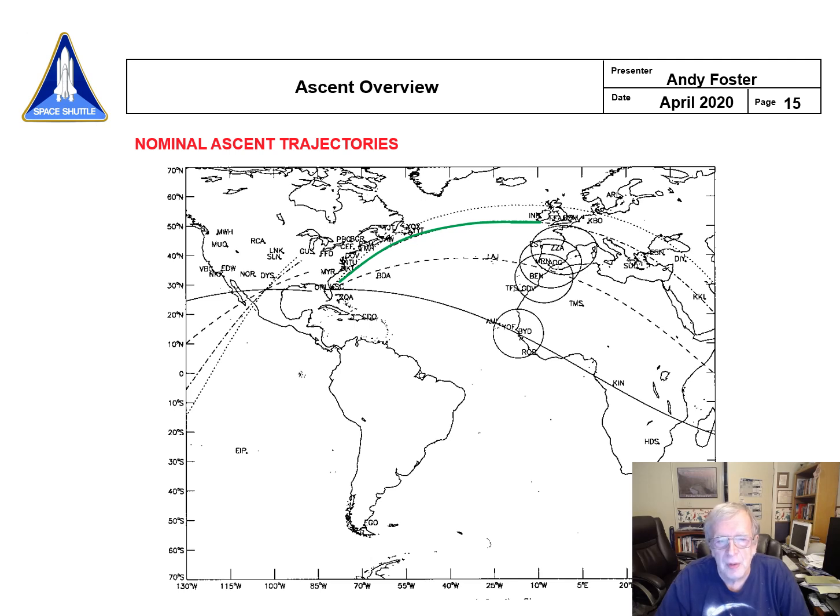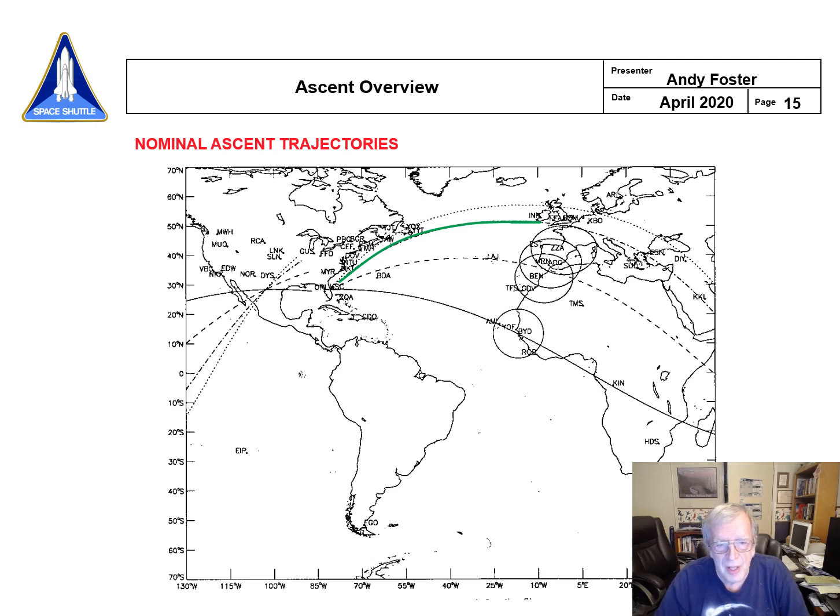And so this green line here is showing a 51.6 degree trajectory. So this is an inclination that we would fly to ISS. And so ISS was way up here. This is probably about a 39 degree inclination, I suspect. And then this is about a 28.5 degree inclination down here.